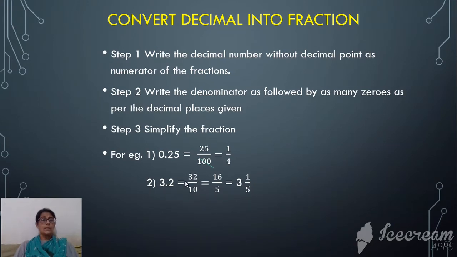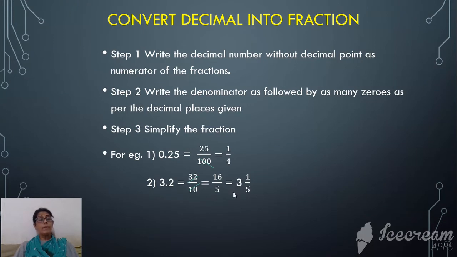This is known as converting a decimal into a fraction. This is the decimal number and this is the fractional number, right? So by cancelling this, what will we get here? 16 twos are 32 and 5 twos are 10. So we get 16 upon 5. You all know this is an improper fraction. So we have to convert this into a mixed fraction. Which fraction? Mixed fraction. Right?